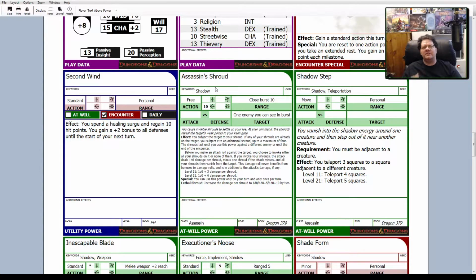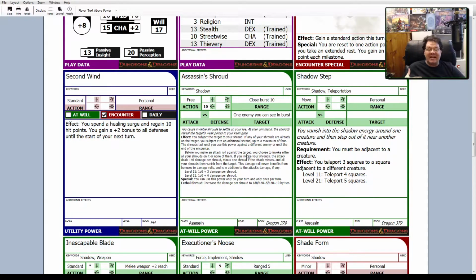So that was kind of the main mechanic of the assassin, is you would put shrouds on enemies, and then you would attack the enemy and use the shroud to do extra damage. Very similar to kind of like a hunter's mark, except you'll notice that the card here is green.